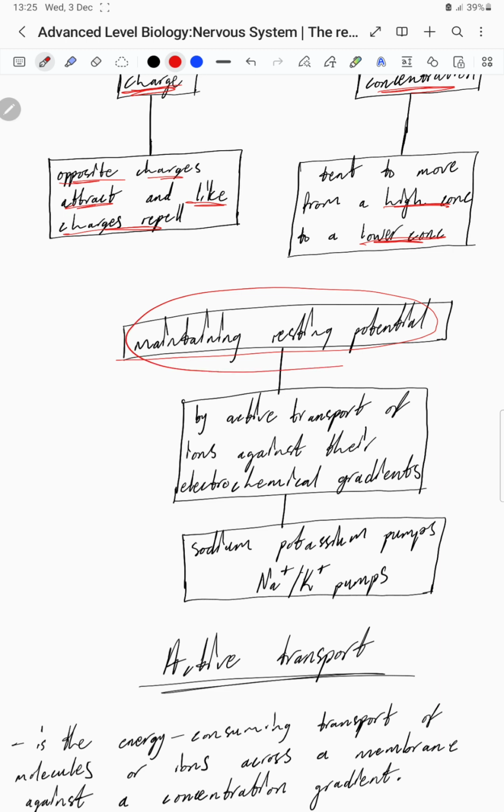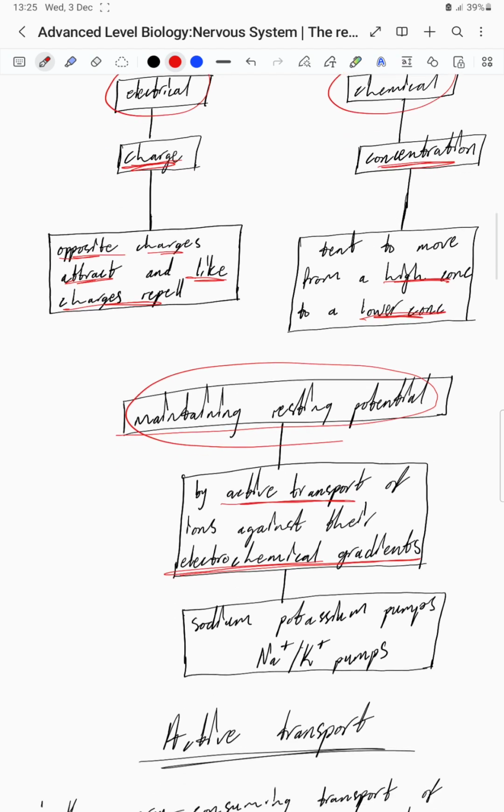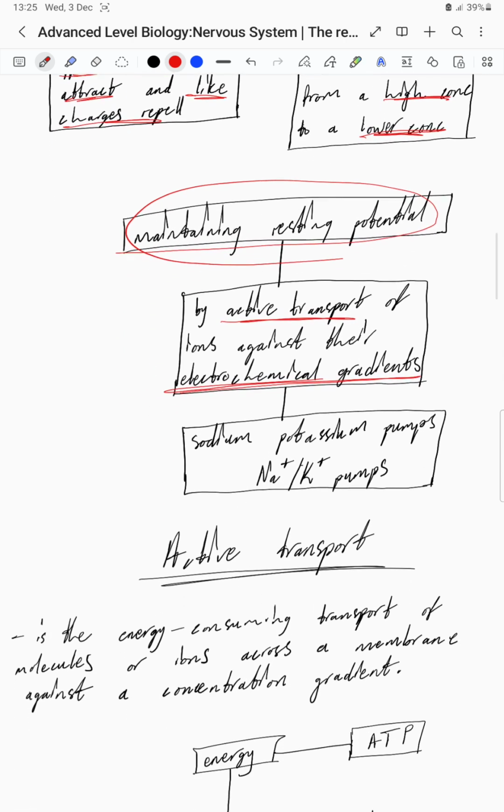So the resting potential is maintained by active transport of ions against the electrochemical gradient. We have talked about the two gradients, the electrical and the chemical. So active transport is against the electrochemical gradient, both the gradients.